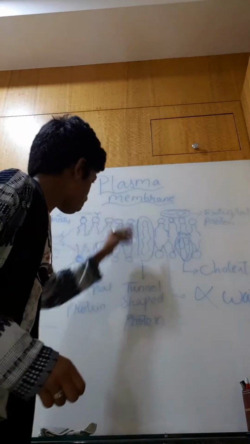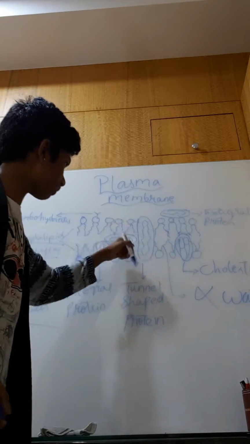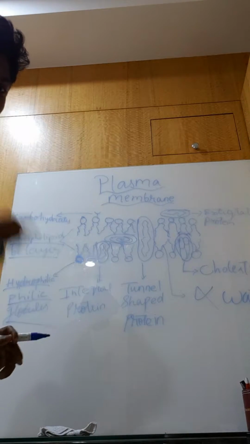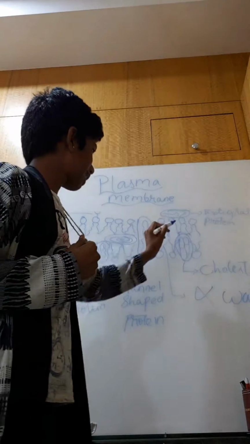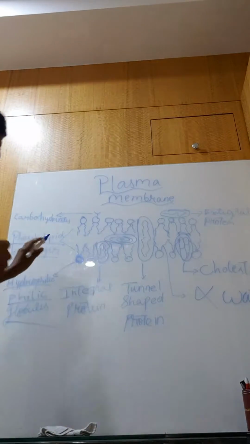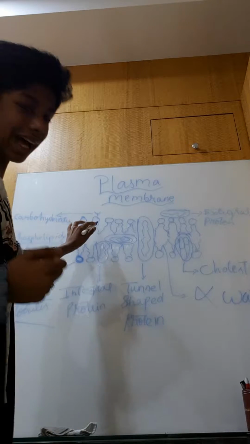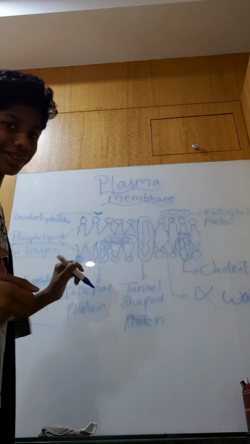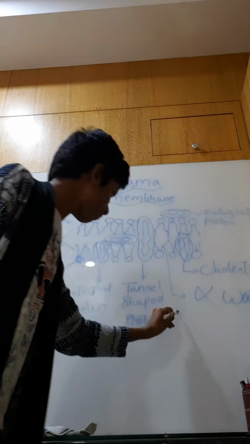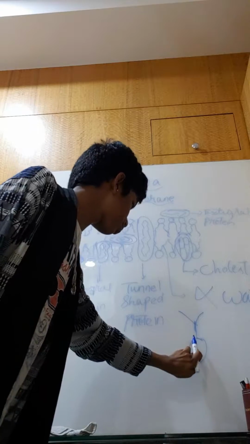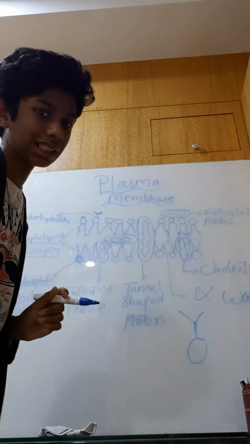In this layer you can see this tunnel-shaped protein. So the plasma membrane has proteins out here, and it has extrinsic proteins too, and these globules have carbohydrates on them like this.